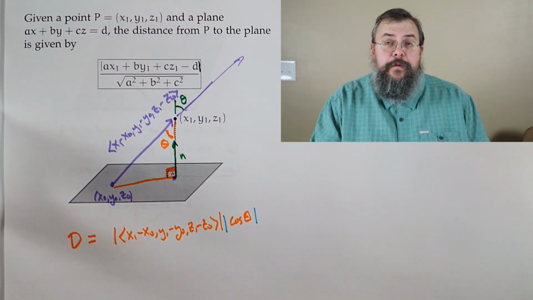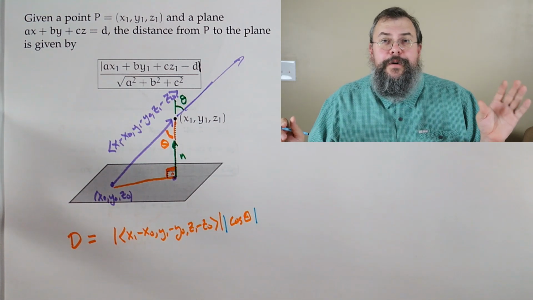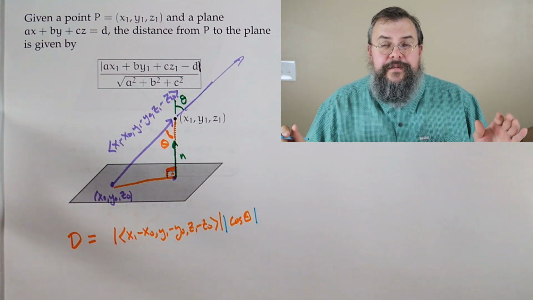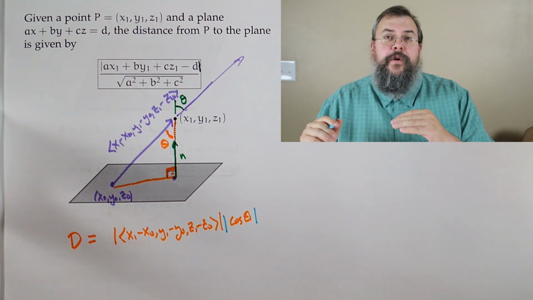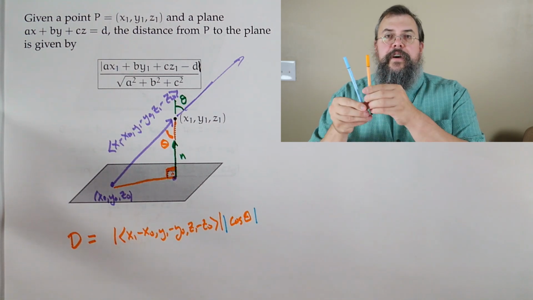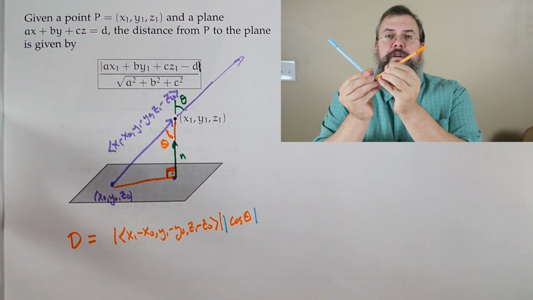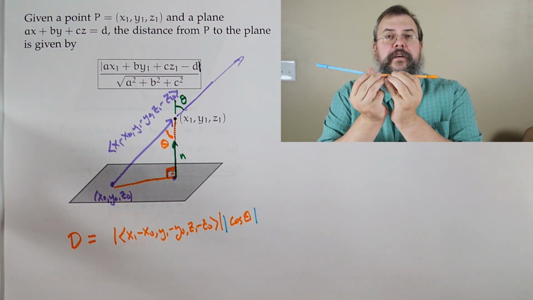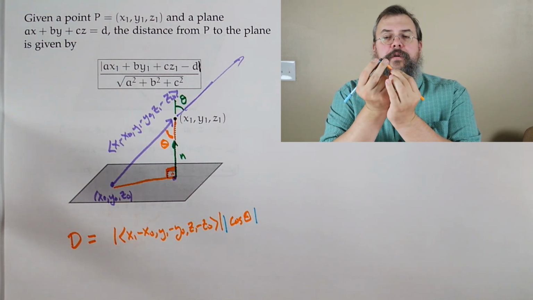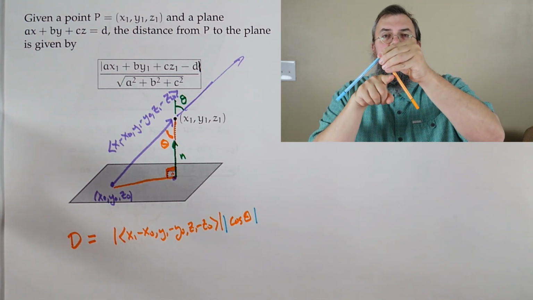Now at this point, you're probably thinking, whoa. When we talked about the sine before, we didn't worry about whether it's positive or negative. Why do we have to worry about the cosine? Well, if you think about the angle between vectors, so if I have my two vectors here, what are the angles? Well, they're going to go from 0 to 180. That's it. See, if I go past 180 over here, then what happens is you just say this is now the angle.